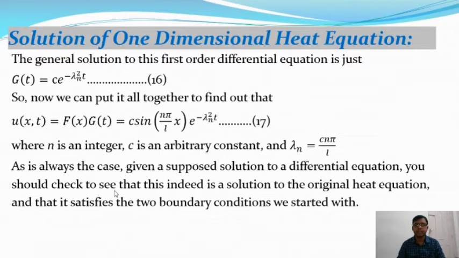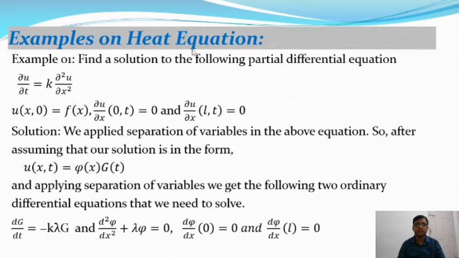You should check that this is indeed a solution to the original heat equation and that it satisfies the two boundary conditions we started with. Applying this derivation of the one dimensional heat equation, we will take an example.